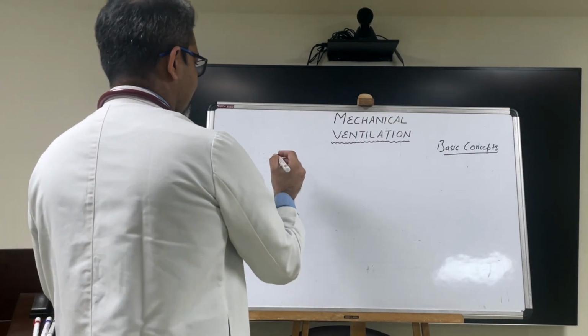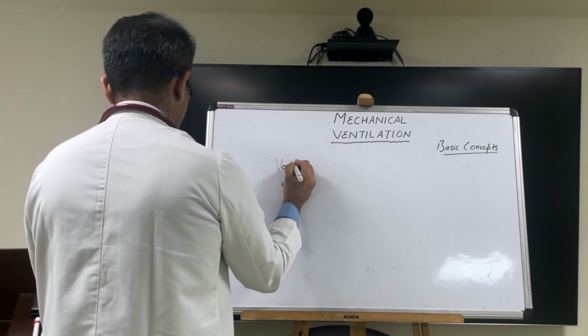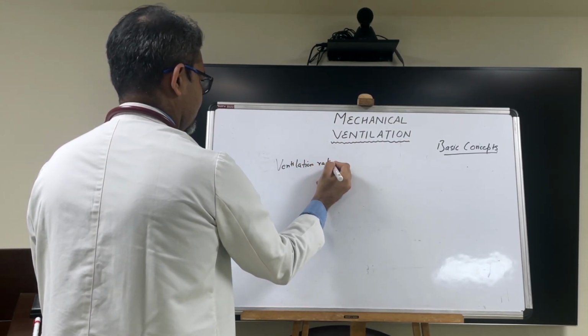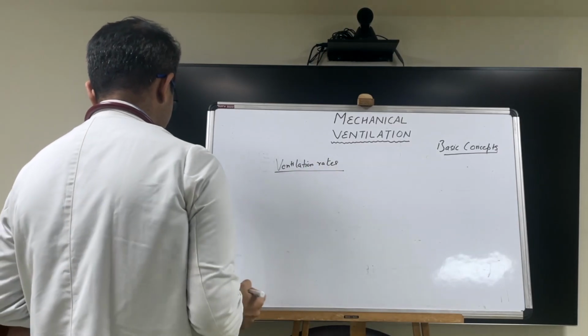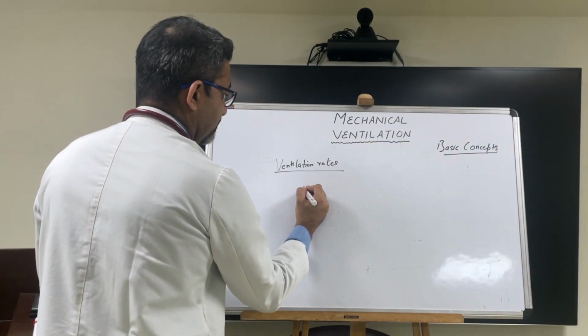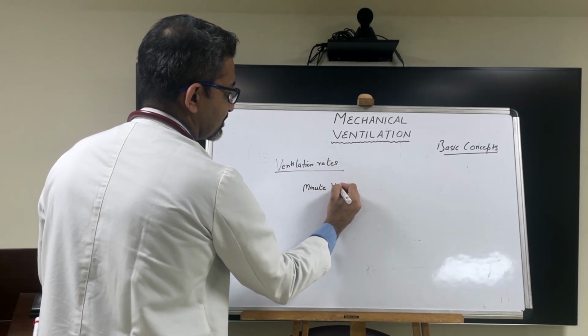After dead space, you have ventilation rates. In ventilation rates, again you have two things. One is known as minute ventilation. You must have heard this term in your ICUs, minute ventilation.